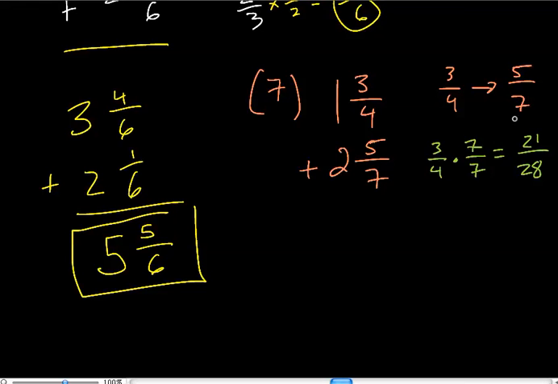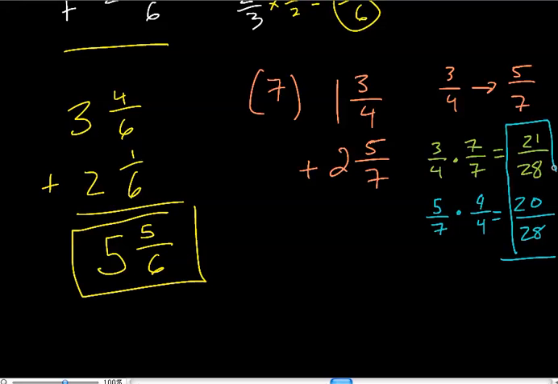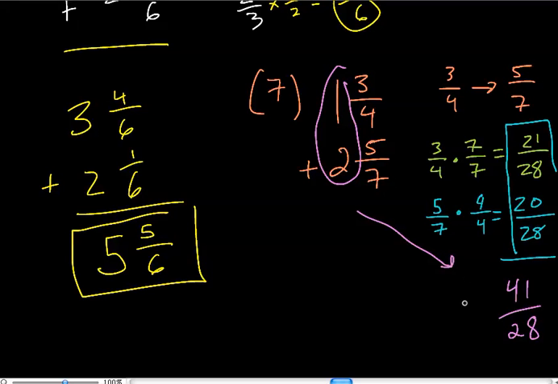So this is the case where we're going to have to multiply them by each other here. And if I start with 5/7 and I want to convert it into the 28, I got to multiply by 4 over 4. And I get 20 over 28. If I add those two together, right there, I'm going to get 41 28ths. And if I add the 1 and the 2 together here, I get 3 41/28.